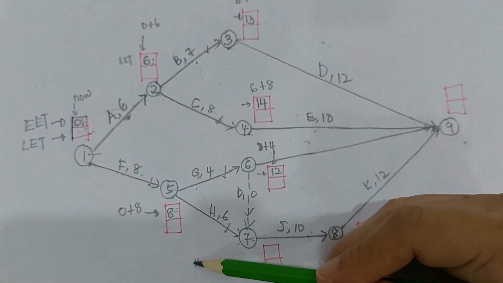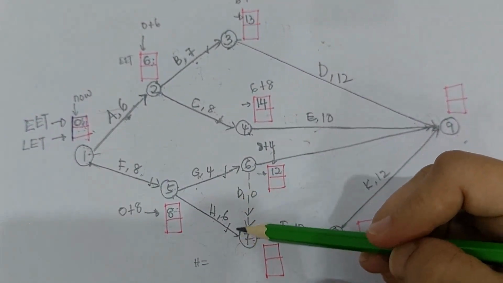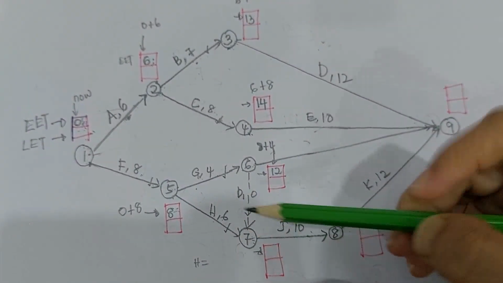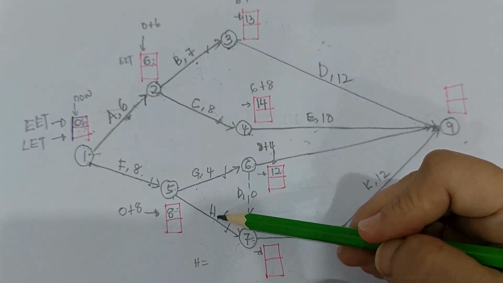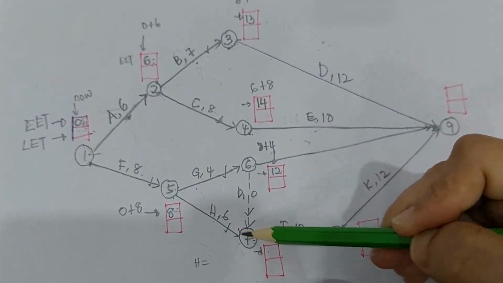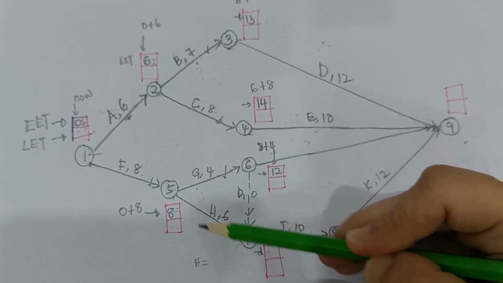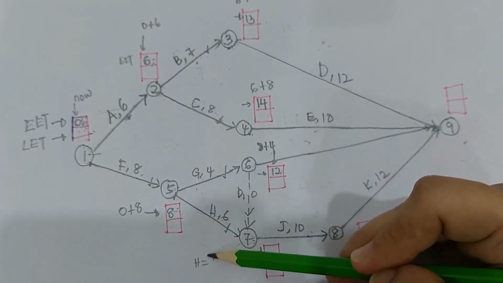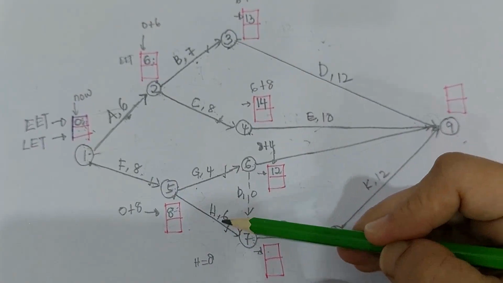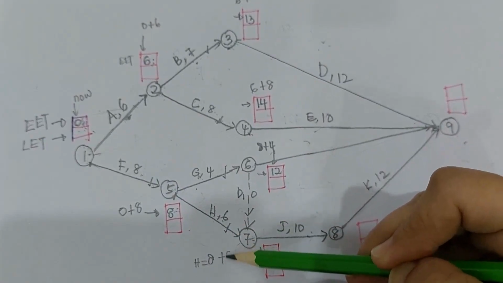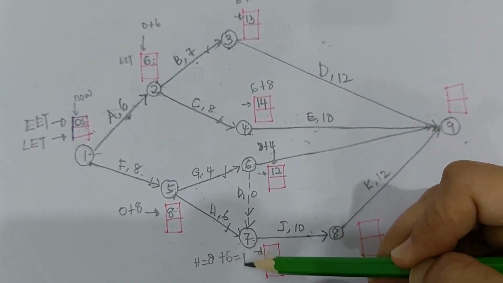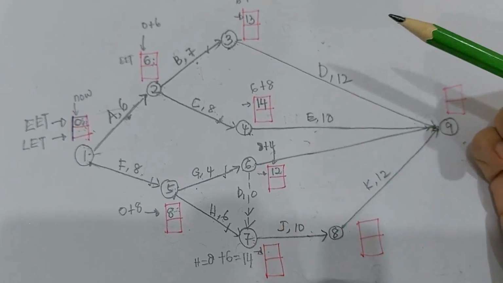For H, what is the previous EET? It is 8 because it comes from event number 5. Plus the duration for H is 6. So it is equal to 14.